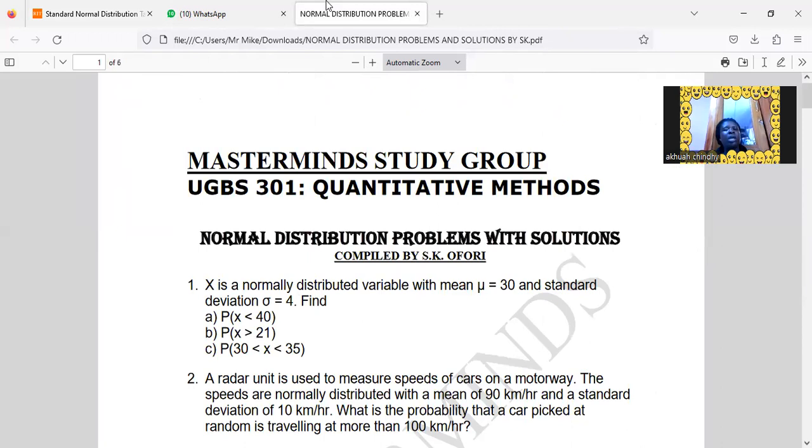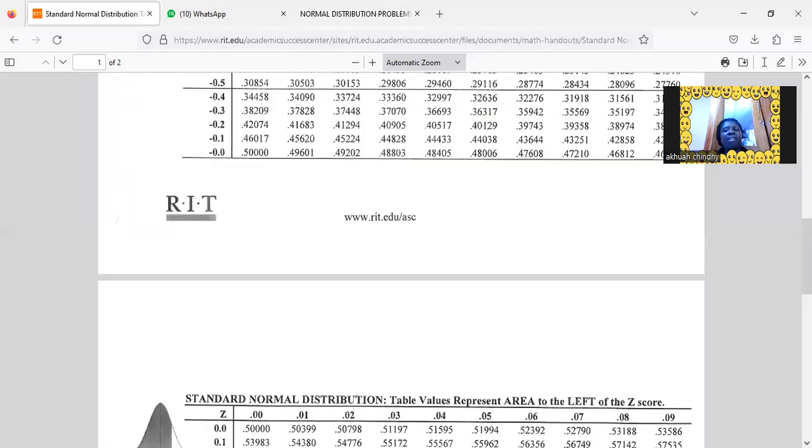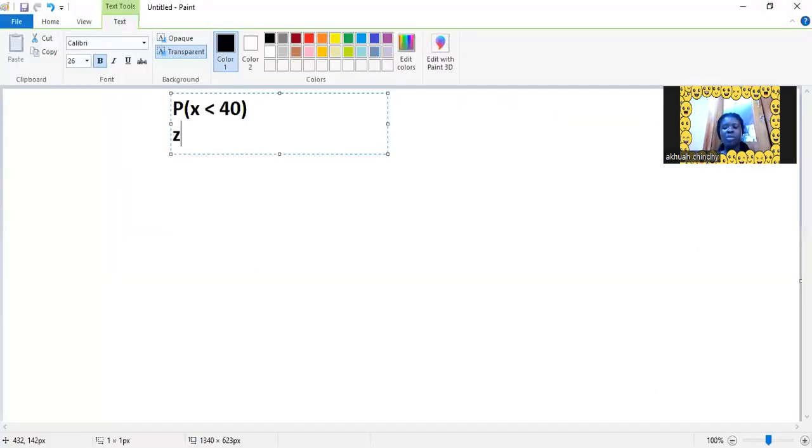The formula that I said earlier is that z is equal to x, where x is the value, minus the mean, all divided by the standard deviation.